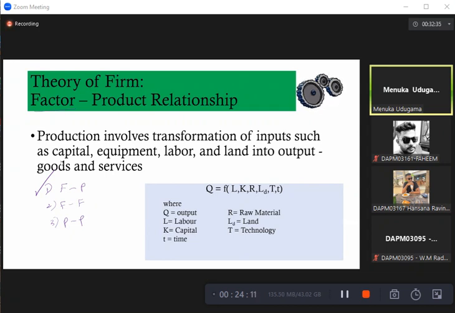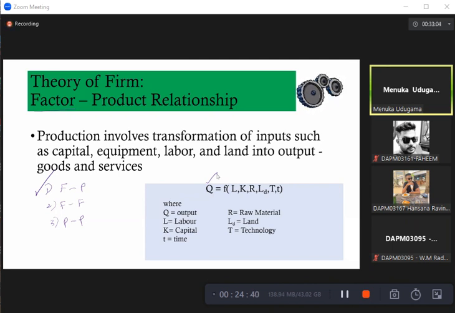So the output is paddy. It could be in bushels or kilos or sacks or whatever. That's the output, right? So let's call this output Q. Q stands for the amount of output or yield. What factors affect the amount of output produced?